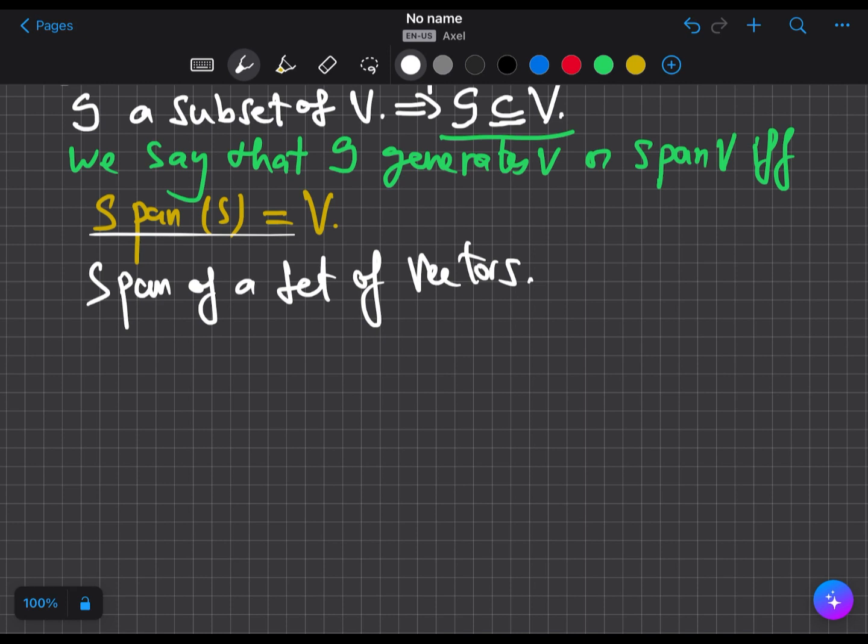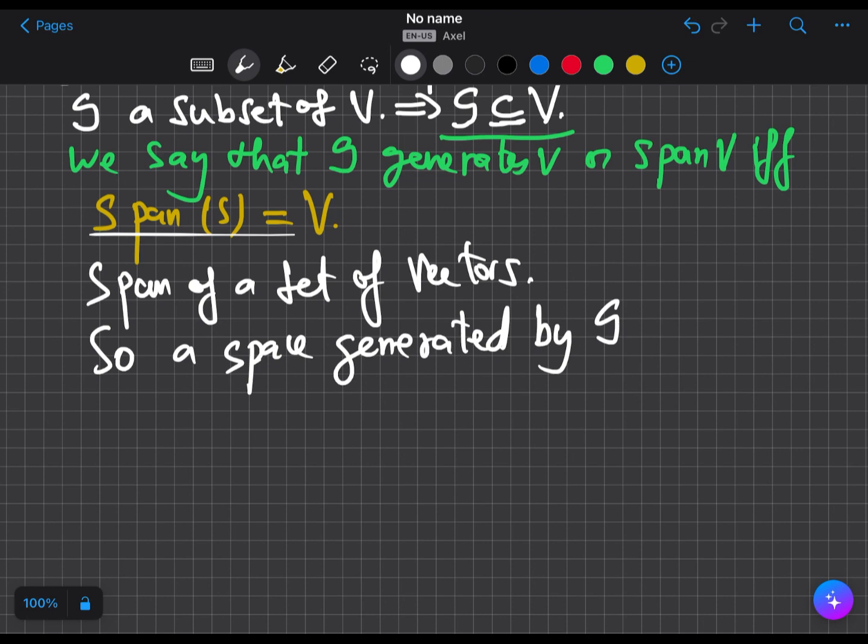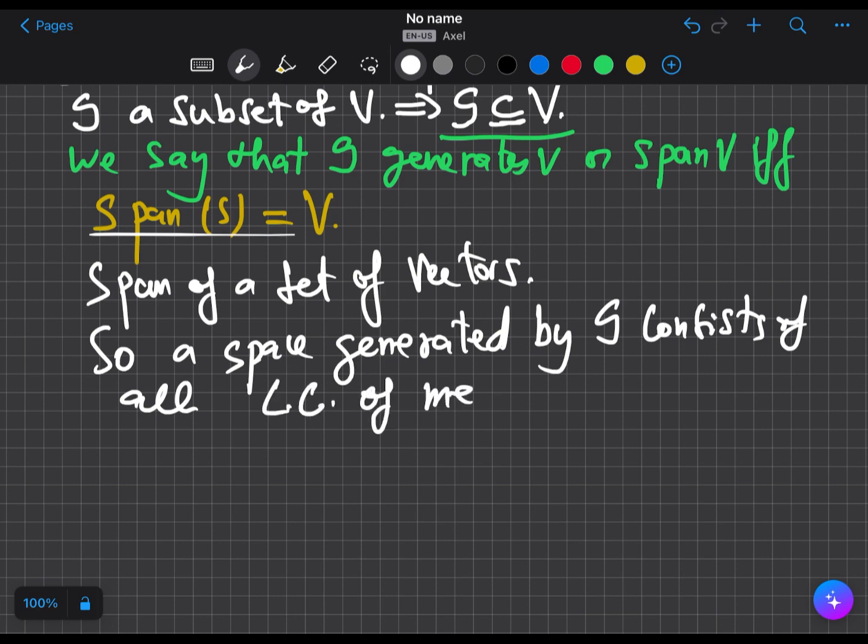Okay, so a space generated by S consists of all linear combinations of members of S. Does that make sense to you?